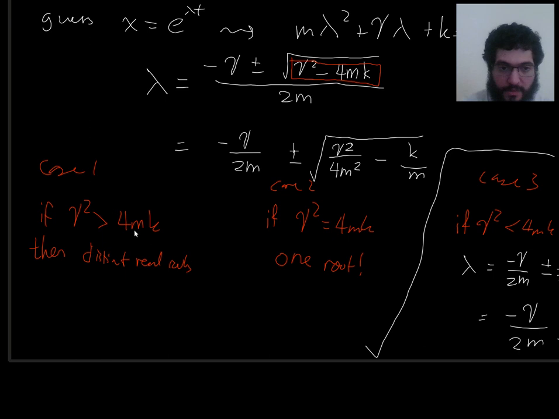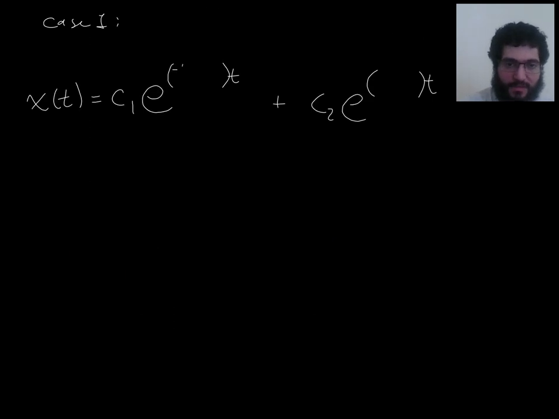In case 1, what's under the square root is positive, so these are just two real numbers, one with a plus and one with a minus. So I've got negative gamma plus the square root of gamma squared minus 4mk, over 2m, and negative gamma minus the square root of gamma squared minus 4mk, all over 2m. So that's the general solution. That's victory right there.